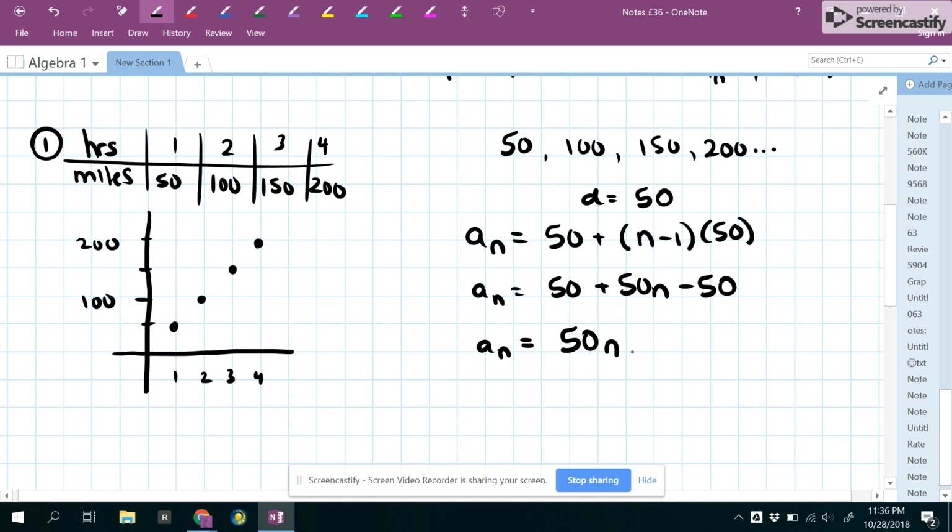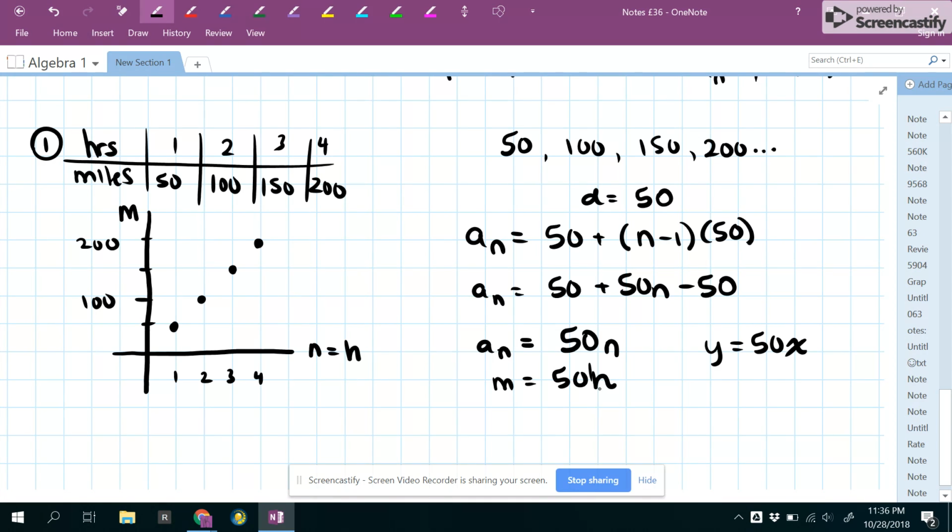Since you know this equation, maybe we want to make it more applicable to the problem. So the n values are actually hours, and the a sub n values are actually miles. So we could write this as m equals 50h. Or if you want to stick with x's and y's, you could write this as y equals 50x. All three of these equations are appropriate.